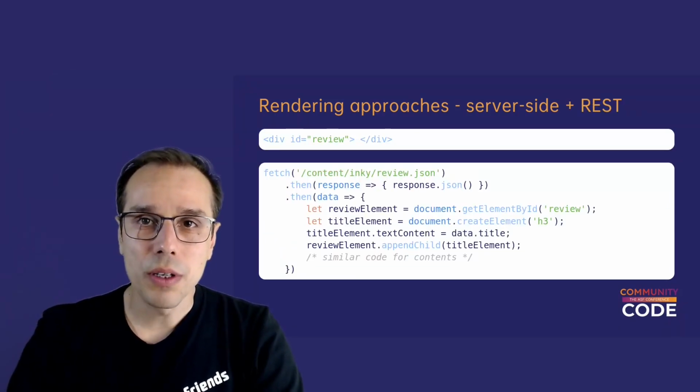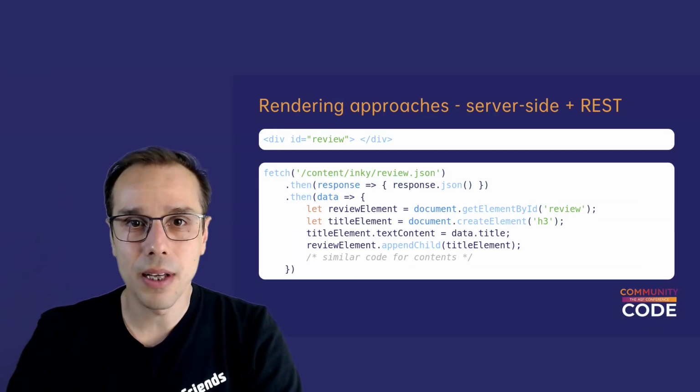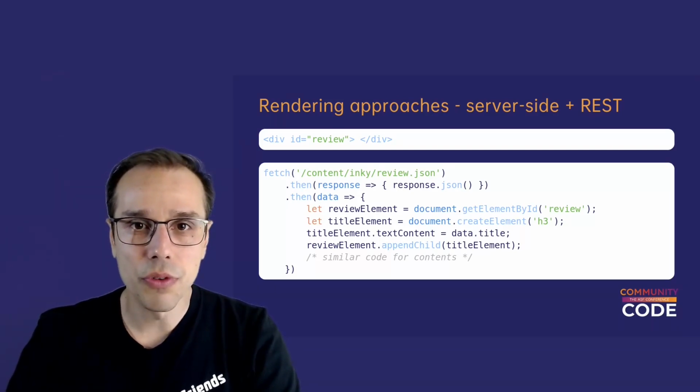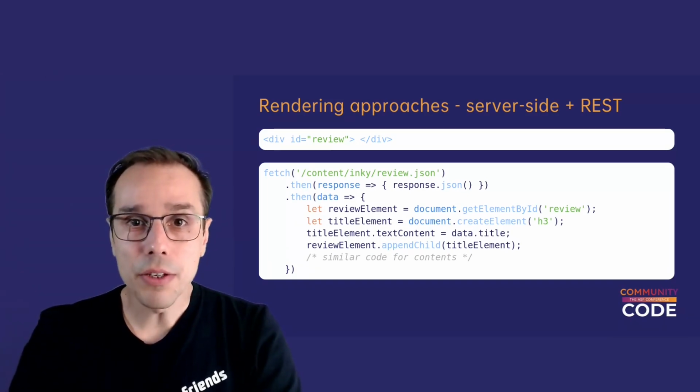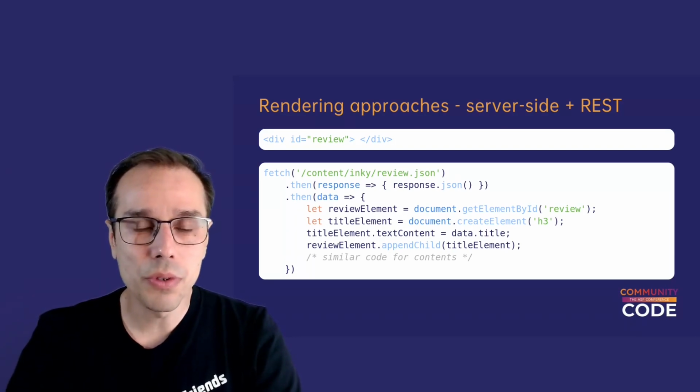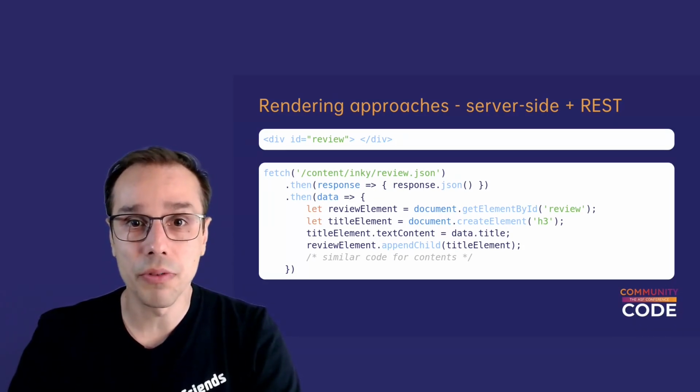Now, as soon as we want to enhance it client side, we will start having placeholders in our web page. So the first code snippet from above is just an empty div with an ID. When the page loads, that is going to be empty. And then we will use a piece of JavaScript code to hit a JSON endpoint, which will give us the content of the review.